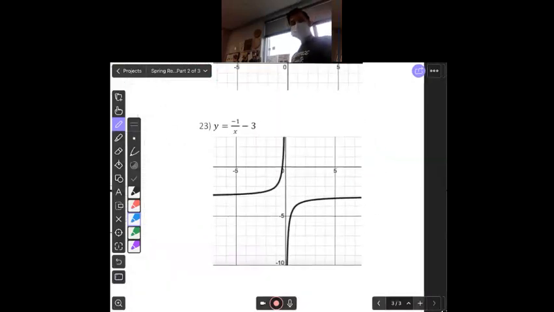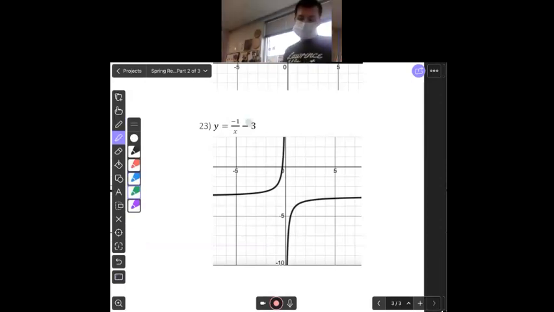So these are the rational functions. These are the hyperbolas. These ones have two asymptotes, a vertical and a horizontal asymptote. And where we found those, you can see them kind of on the graph. One of them was right there, and then the other one was down here. So we can see with the x, there's no number.